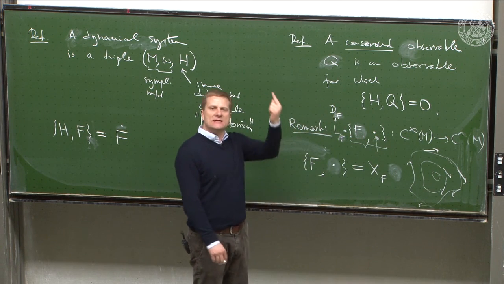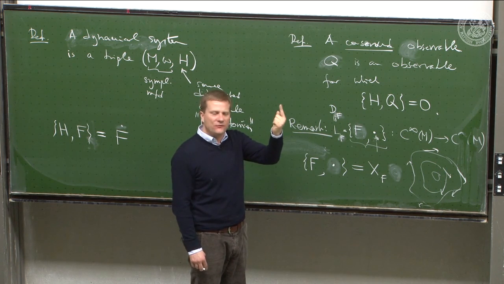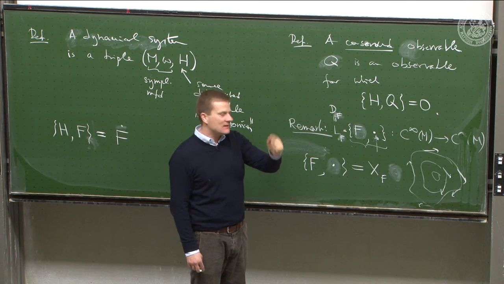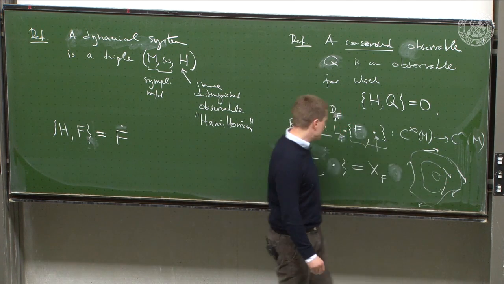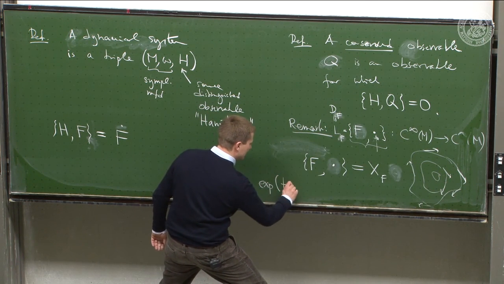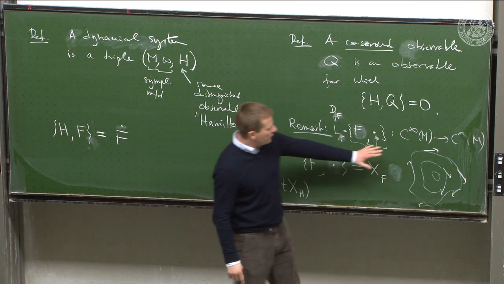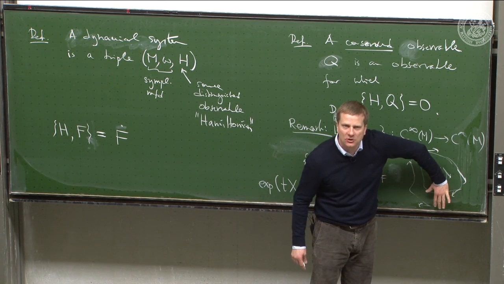And then the exponentiation of that vector field is nothing but the differential geometric exponential map. That means it's the flow along this vector field. And now it's totally clear why exp of t X_H is the flow as you flow along the Hamiltonian vector field of the Hamiltonian.